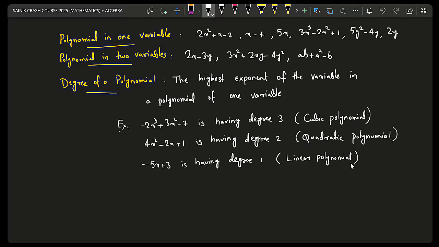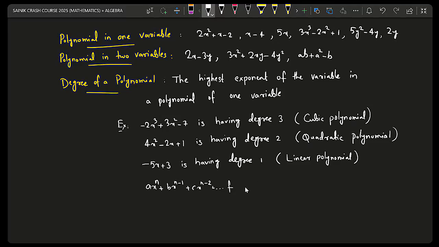Sometimes the degree is also a variable, something like ax to the power n plus bx to the power n minus 1 plus cx to the power n minus 2 and so on, up to a constant like f.